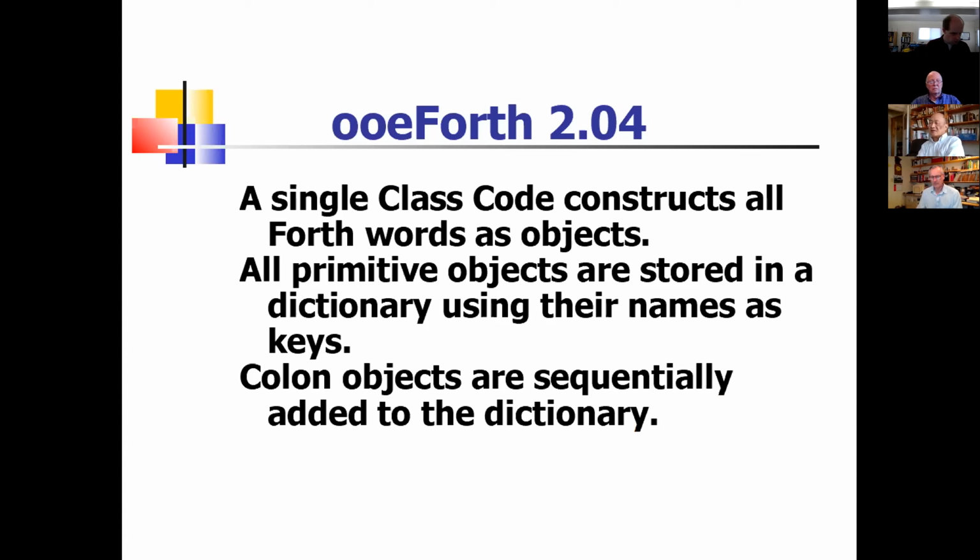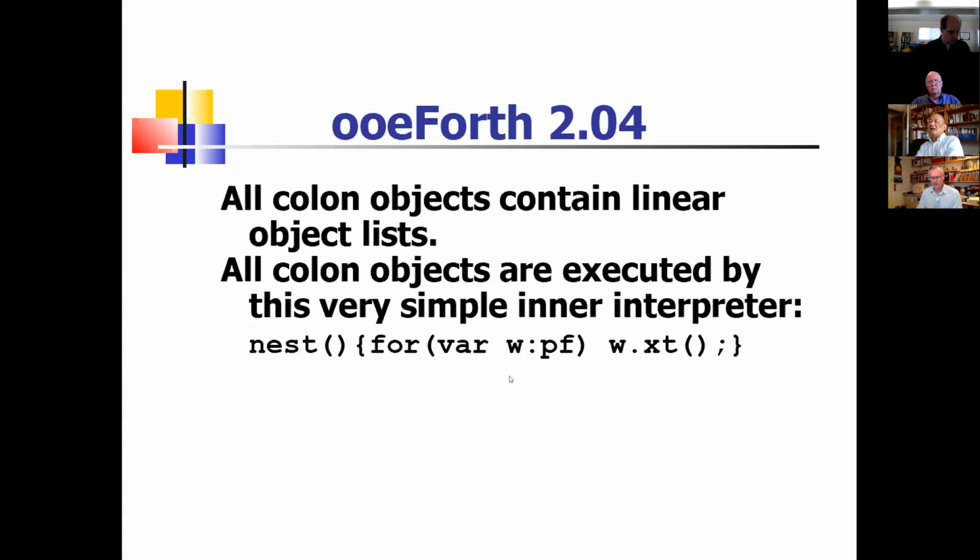And the colon objects are sequentially added to the dictionary. And all words are assigned a serial ID, which are the conventional Forth tokens. And all colon objects contain linear object lists, okay? So each colon object has a list, just a sequence of objects.